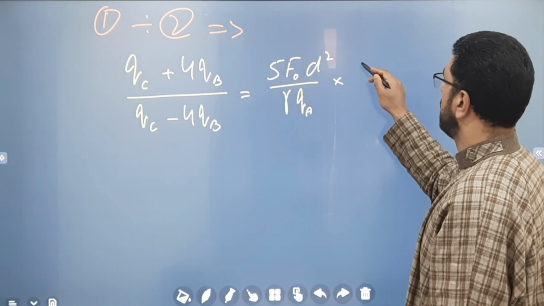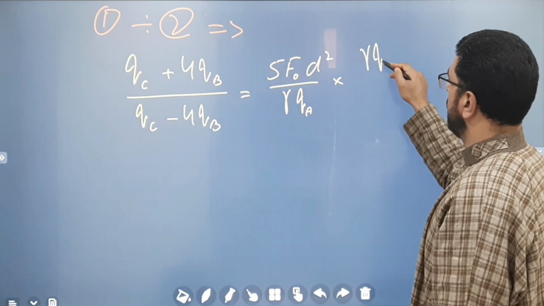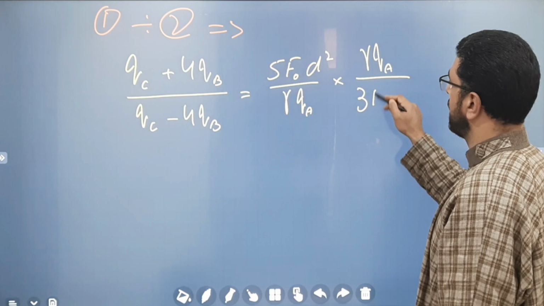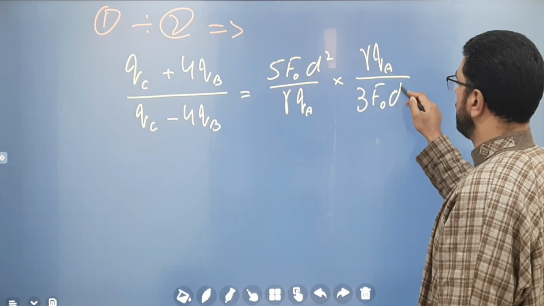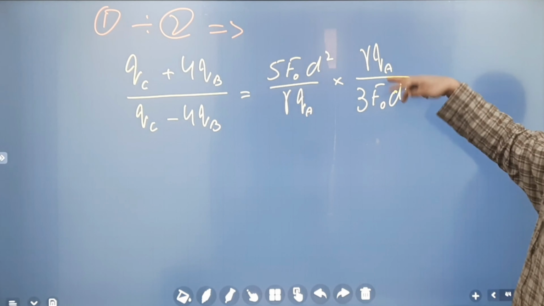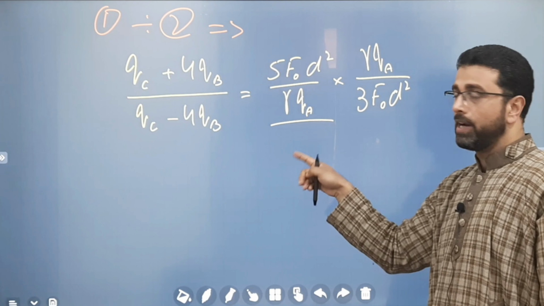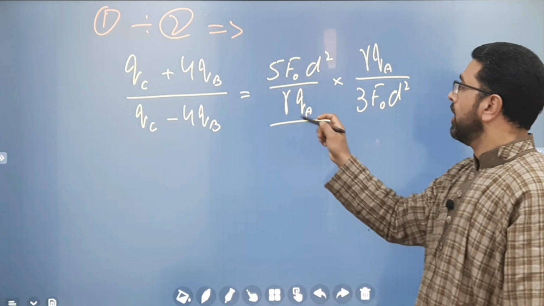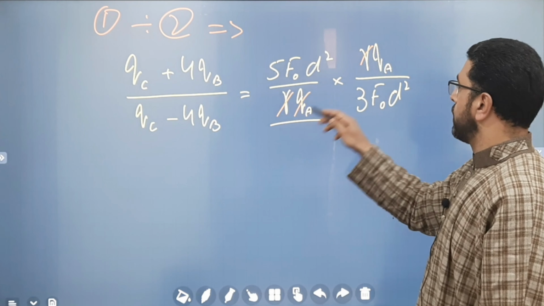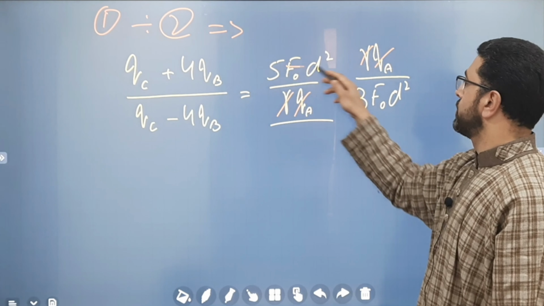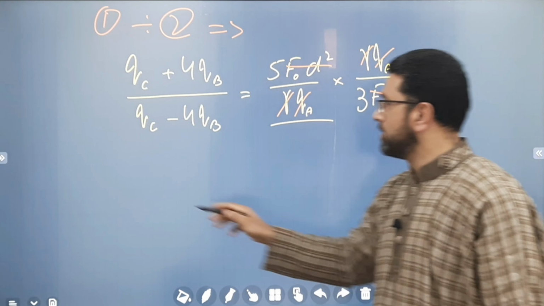We're reversing it. Gamma and gamma cancel out, QA and QA cancel out, F0 D squared cancels out.